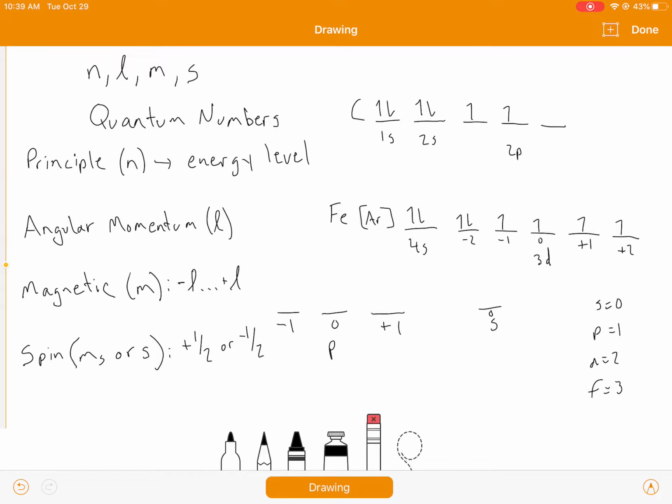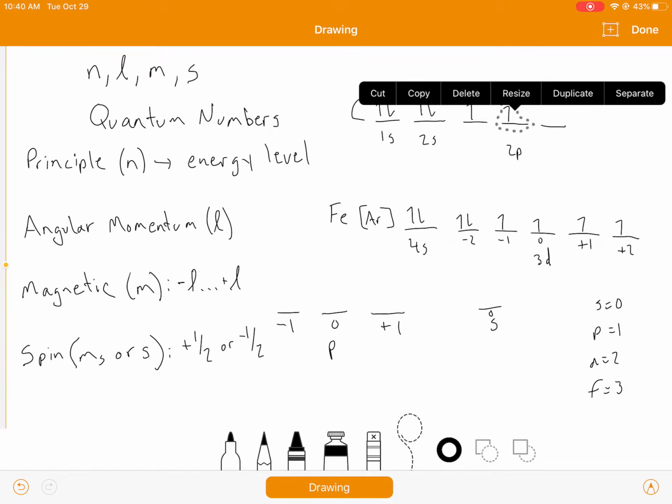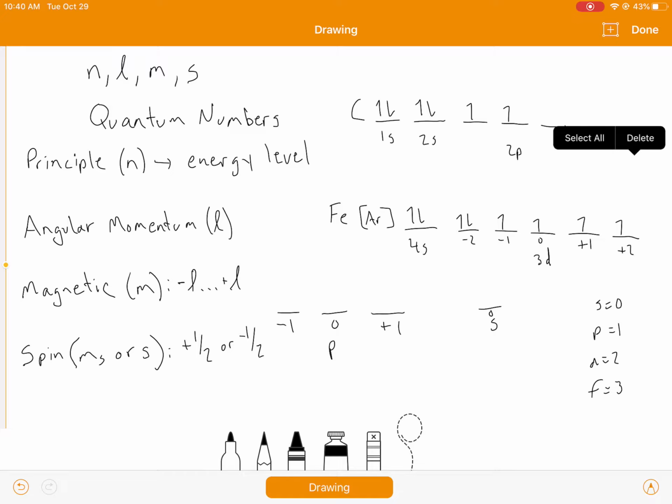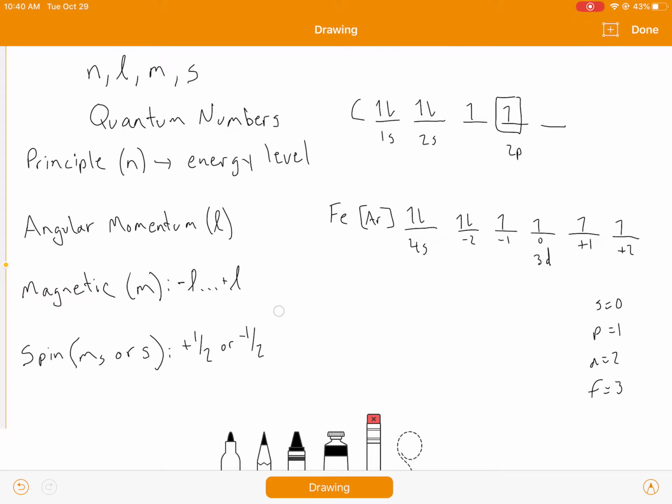So, when looking at how to use this, let's look at the carbon for a second. Let's say I want to know the four quantum numbers, or the set of quantum numbers, for this electron. I'm going to go ahead and box this electron in so I know that's what we're talking about. What energy level is it in? Well, it is in the second energy level. It's in the 2p level. So n, in this case, is equal to 2. The second one, the angular momentum number, is the shape.